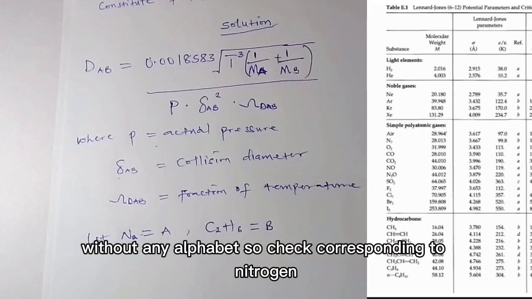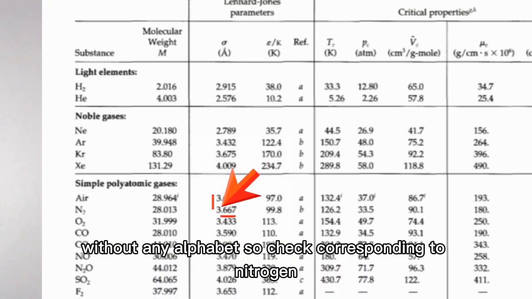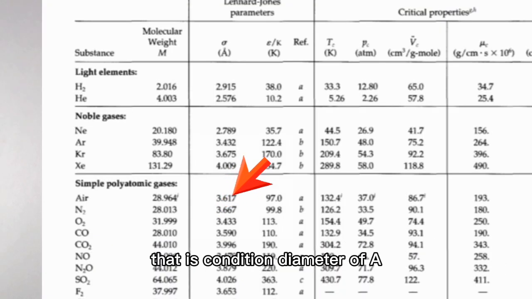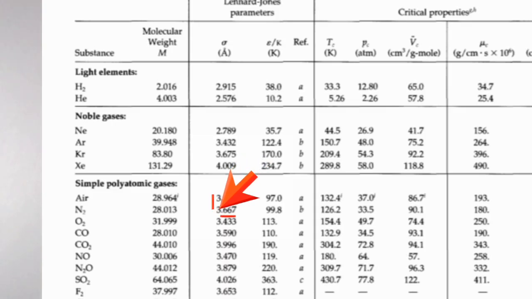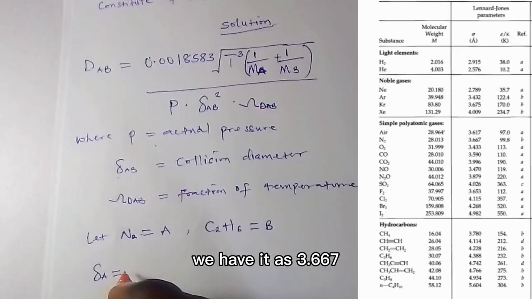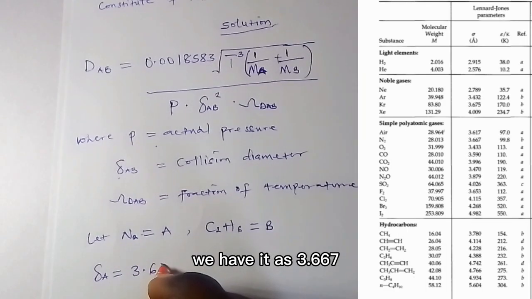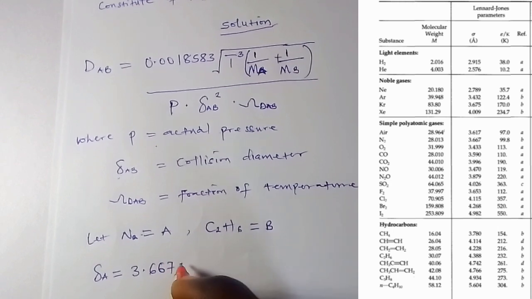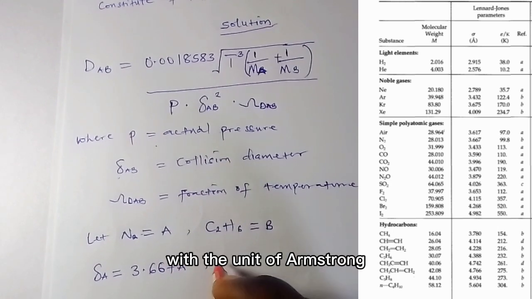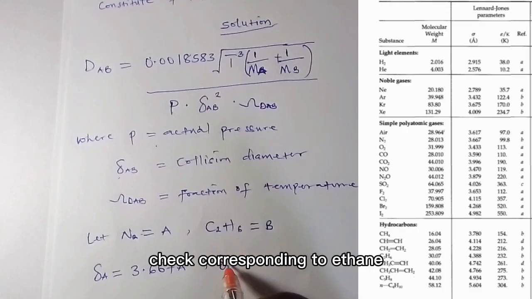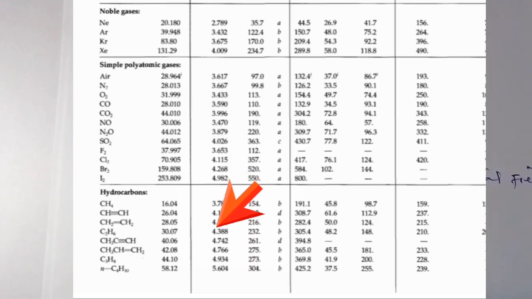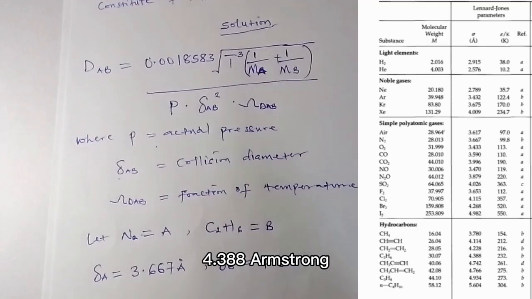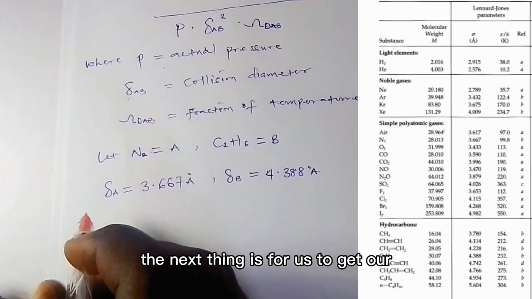Check corresponding to nitrogen, that is the collision diameter of A. We have 3.687 with the unit of Angstrom. Check corresponding to ethane, that is collision diameter B. We have 4.388 Angstrom.